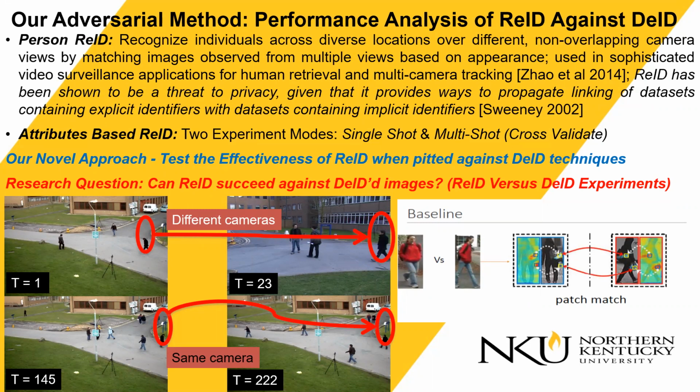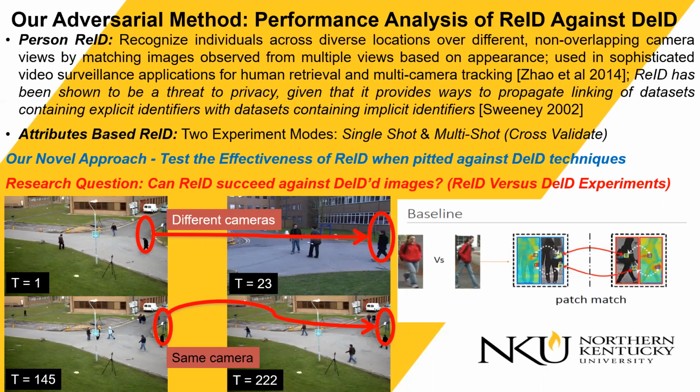Before I go into our novel approach, I would like to talk a little bit about person re-identification, a very important and sophisticated computer vision technique that is already largely used in a number of image processing applications, especially for object tracking or person recognition.